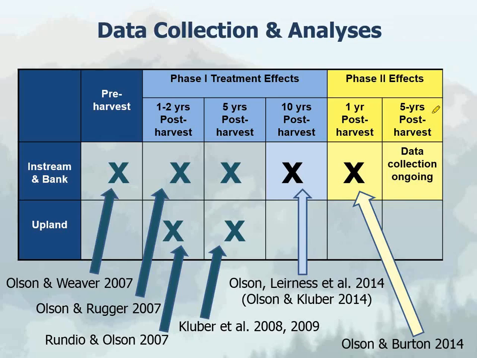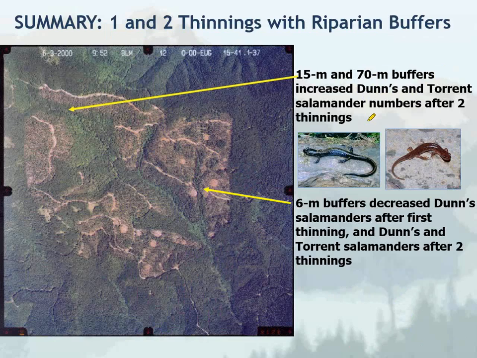I'm just going to focus on the last couple things that have come out. So at 10 years post-harvest and after the second thinning, here are our initial results for animals. The 50 meter, which is a 50-foot buffer, and the 70 meter, which is a 1 tree height buffer, had increased numbers of dunn's and torrent salamanders after 2 thinnings.